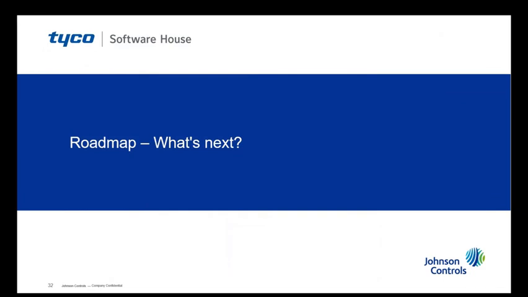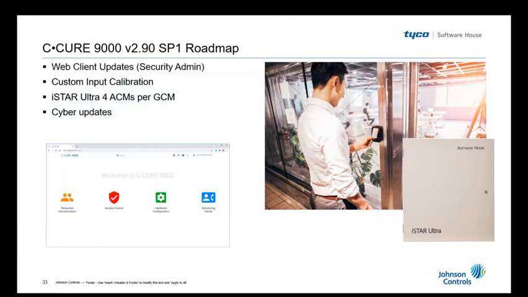Okay, so let's take a look at what's coming on the roadmap. In 2.9 Service Pack 1, I think this is more probably going to be Service Pack 2, because I think we already have a few items listed for Service Pack 1. What you see available here is going to be added in, say, the January 2021 timeframe.